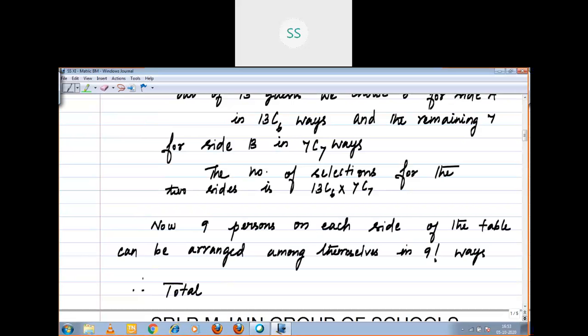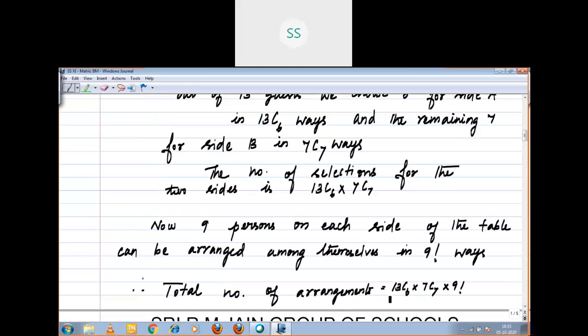Therefore, total number of arrangements is equal to 13C6 into 7C7 into 9 factorial.